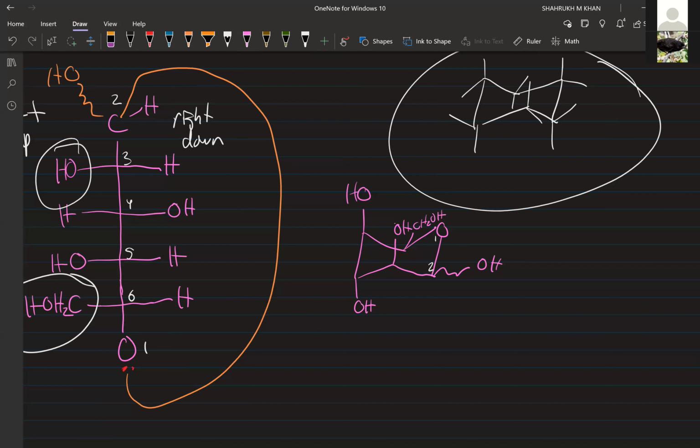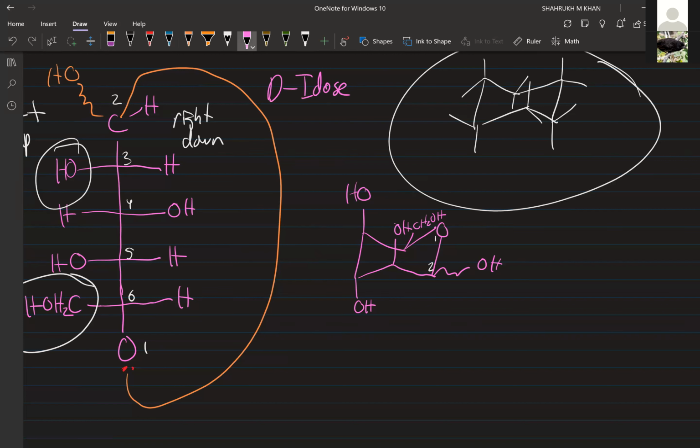Let's actually check the textbook. I have a list of all these sugars. Let's see if we can find it. This is idose, D-idose, this sugar.